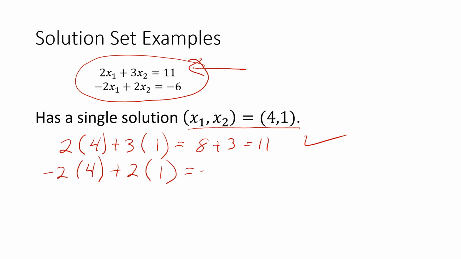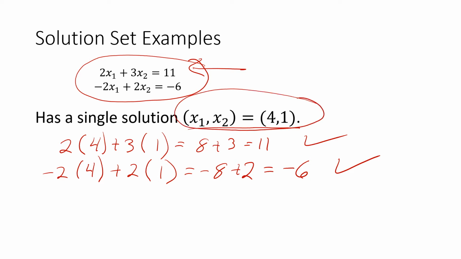What does that give me? Minus 8 plus 2 is minus 6. That checks out. So this is a solution. In this case, it is the only solution. We will be seeing how to tell when you only have one solution. But for now, just trust me that this is the only solution to this system of linear equations.